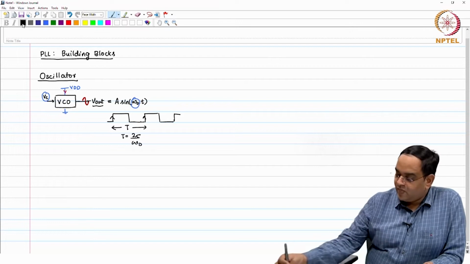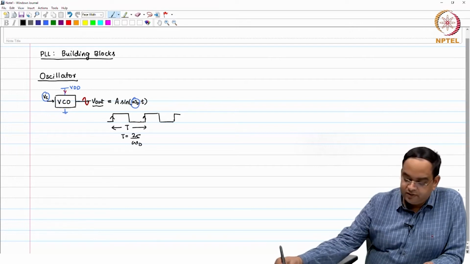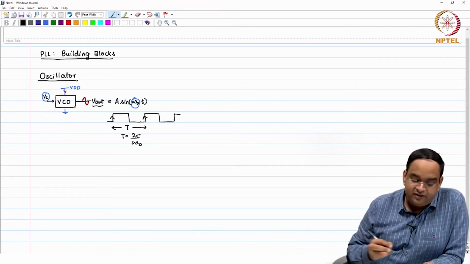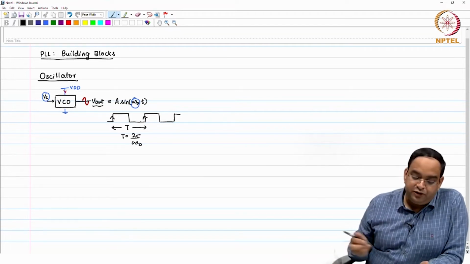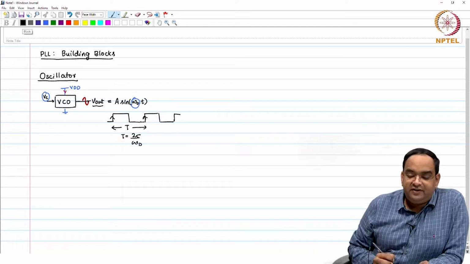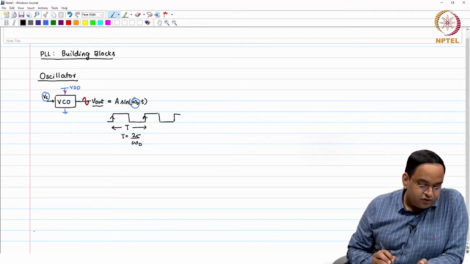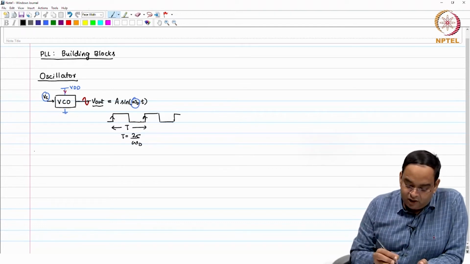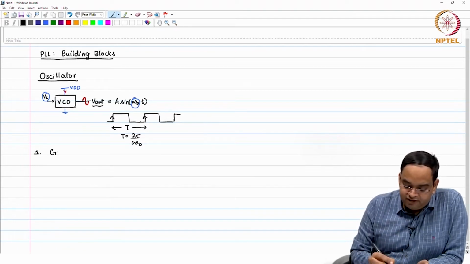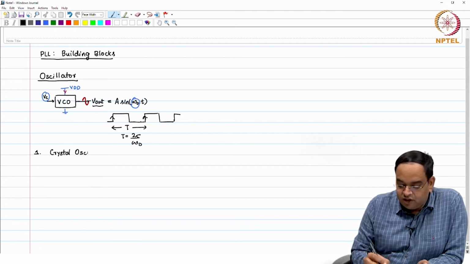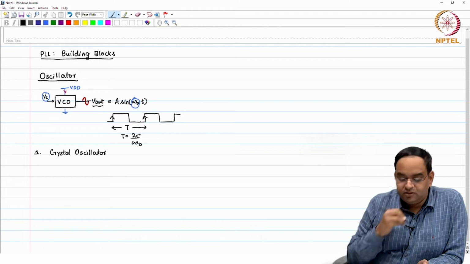So, we need to design this block, and there are multiple options for a block which can generate a sinusoidal output. Let us look at the options available to substitute your VCO. The first one is the crystal oscillator. This is the part which we saw in the very beginning of this course.